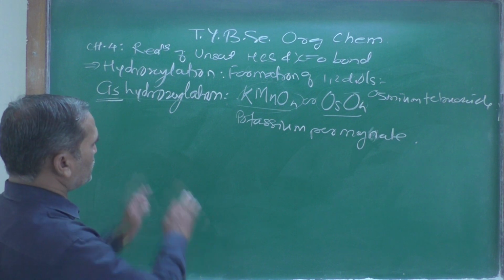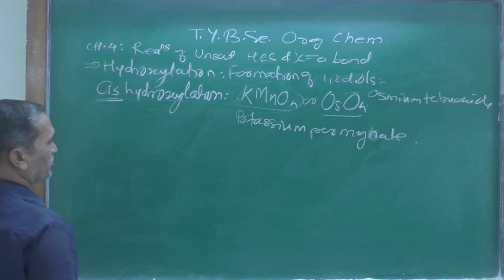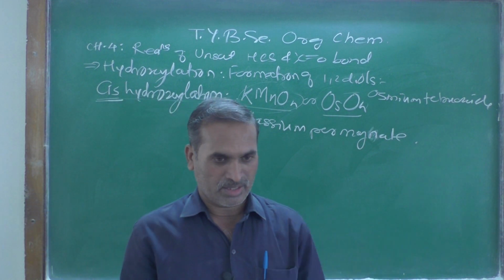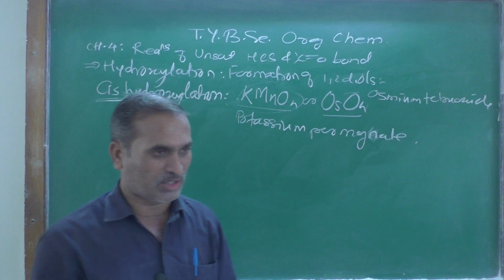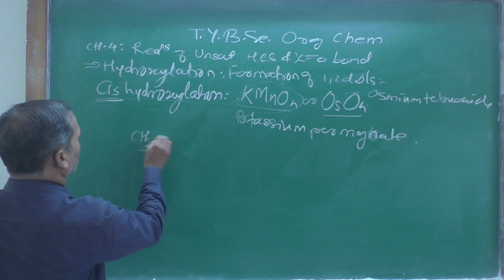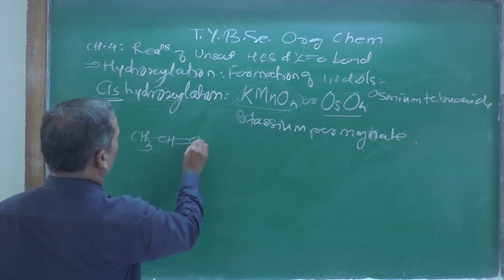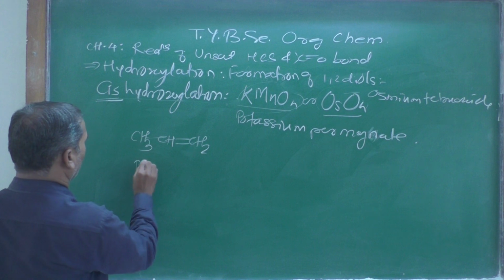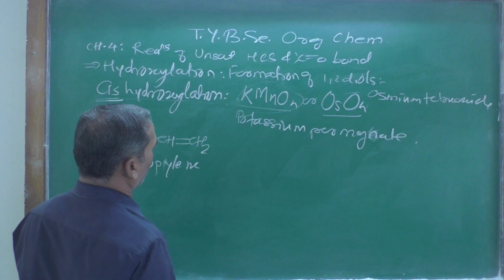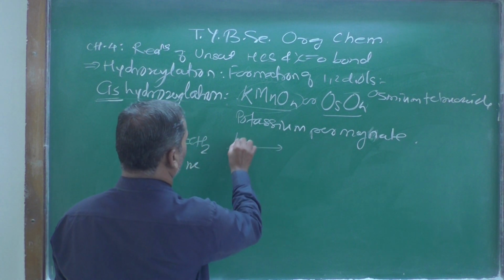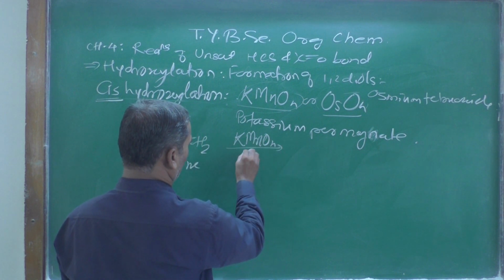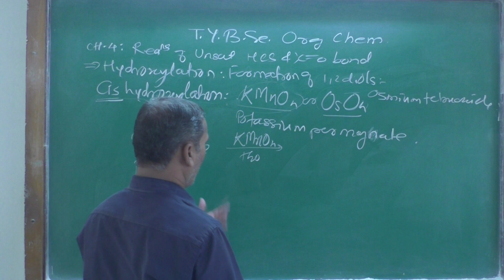Let us see a general reaction of this. Taking an unsymmetrical alkene, for example, CH3-CH=CH2, propylene, or propene, treated with potassium permanganate, KMnO4, in the presence of water.